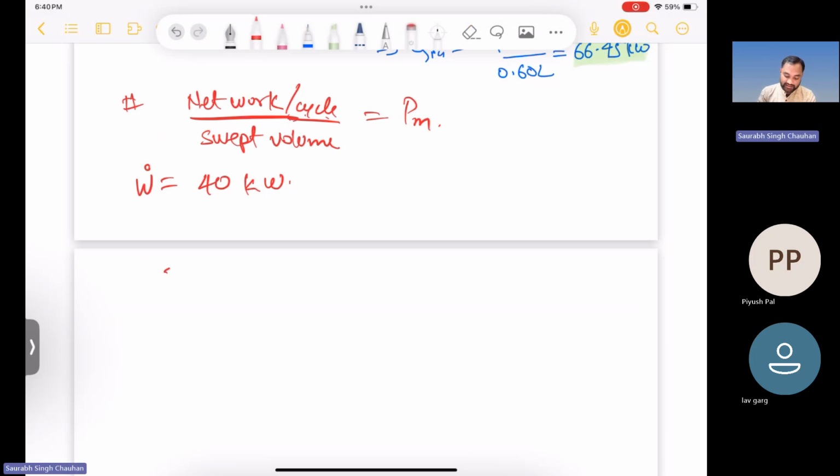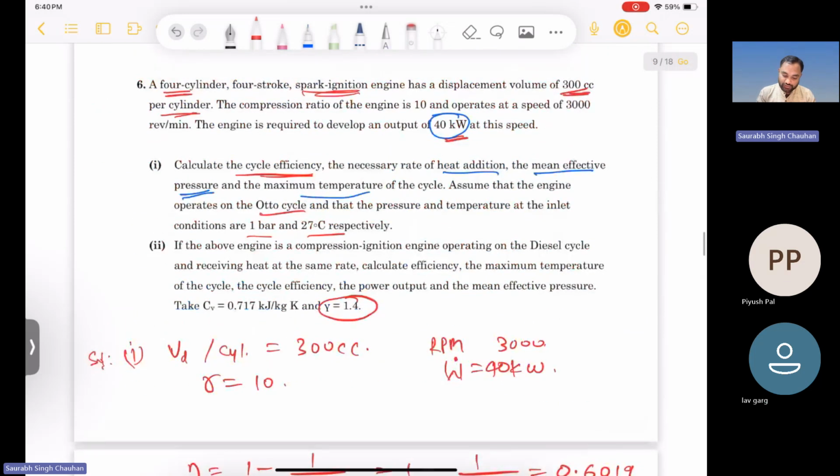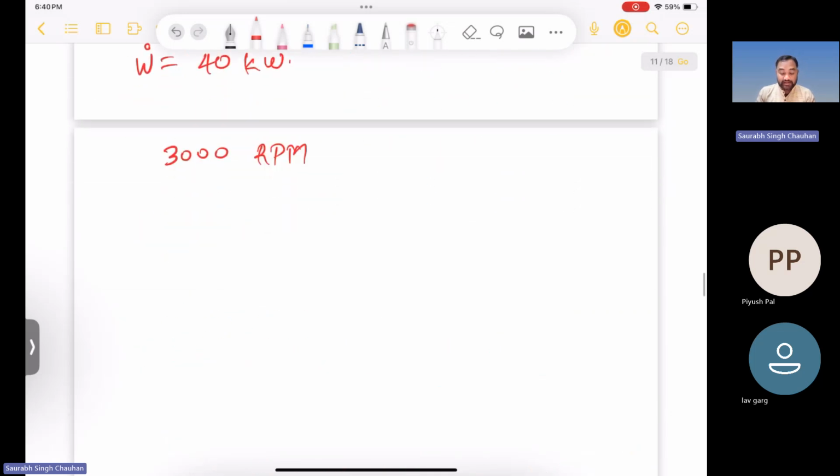So it is rotating at 3000 revolutions per minute. And it is given that it is a 4-stroke engine, right? So in case of 4-stroke engines, how many cycles are there in one revolution of the crankshaft?